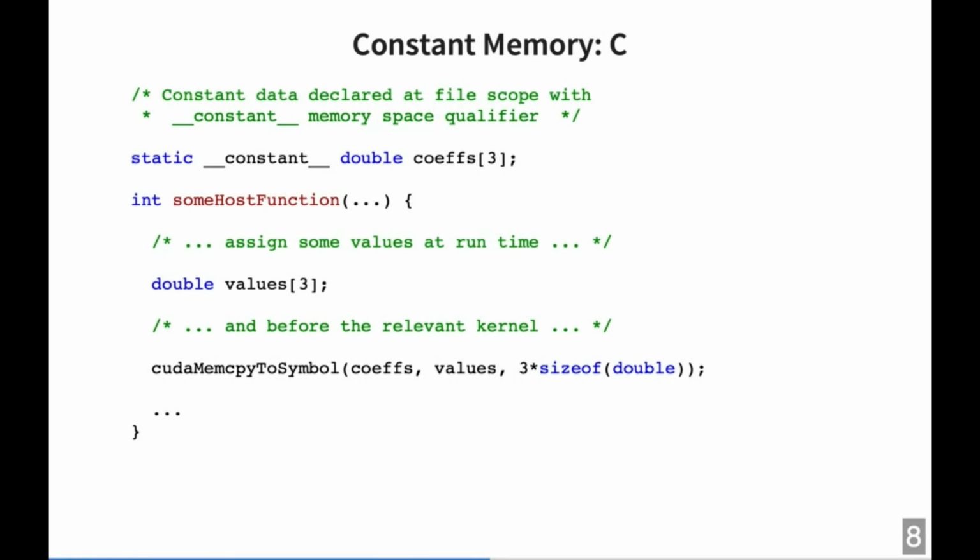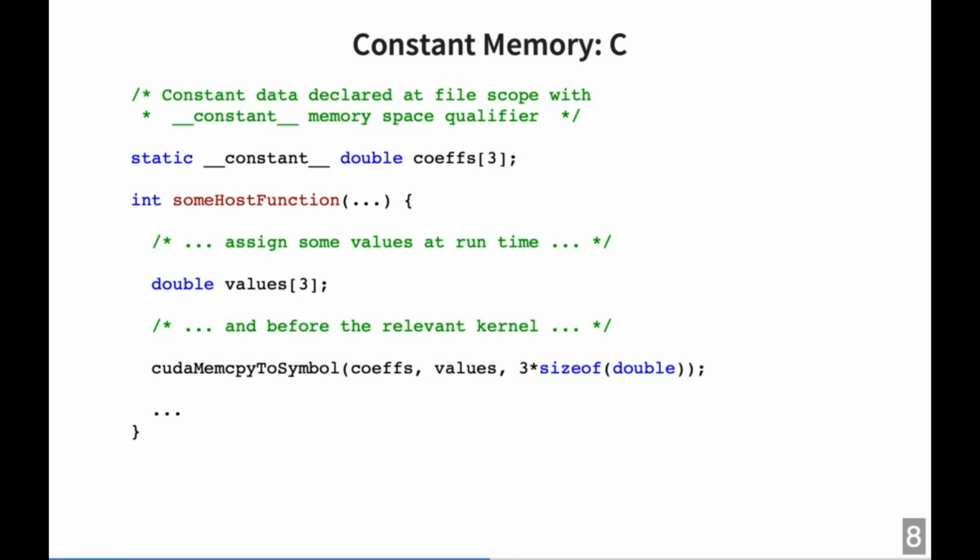Here's the constant memory introduced via this special memory space qualifier, double underscore constant double underscore. And constant memory is usually declared at file scope in C, so it's static there.